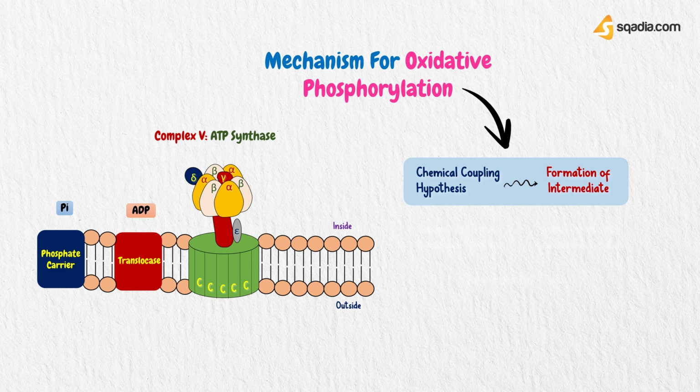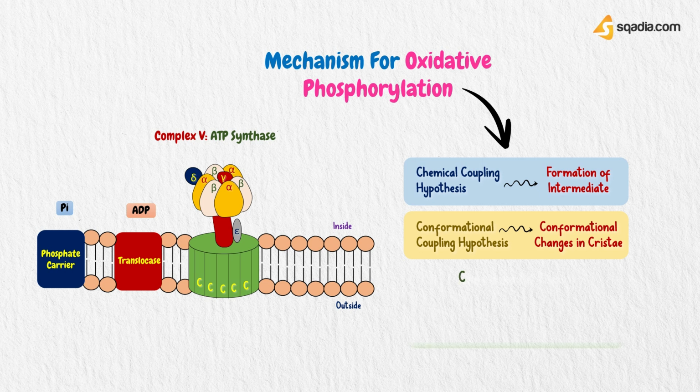This type of intermediate has not been found, so this hypothesis is not much used. Second hypothesis is the conformational coupling hypothesis, in which they proposed that mitochondrial cristae undergo certain changes that will lead towards the process of ATP production. These conformational changes reflect the changes in different components of electron transport chain. So it is also believed that these changes represent the formation of high-energy state.